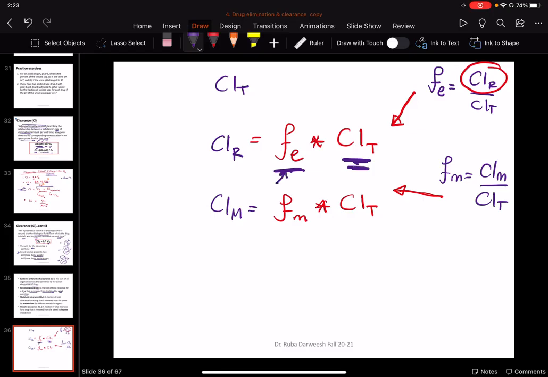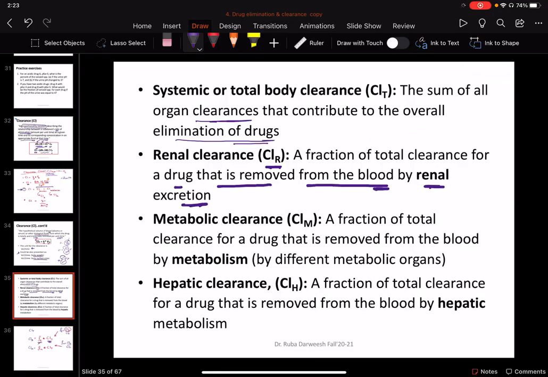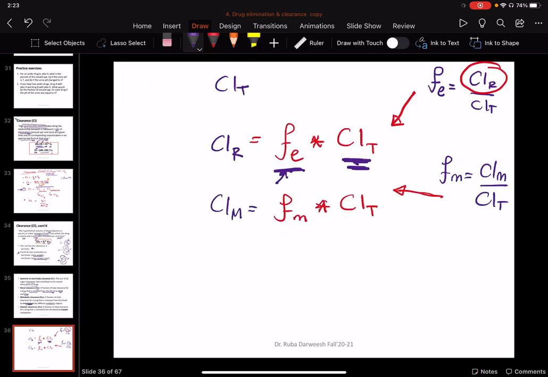So that's why it's called the fraction of excretion. The metabolic clearance is the fraction of total clearance of the drug that is removed from the blood by metabolism, whatever the metabolic organs that are involved. So the fraction of the total clearance that goes through metabolism.